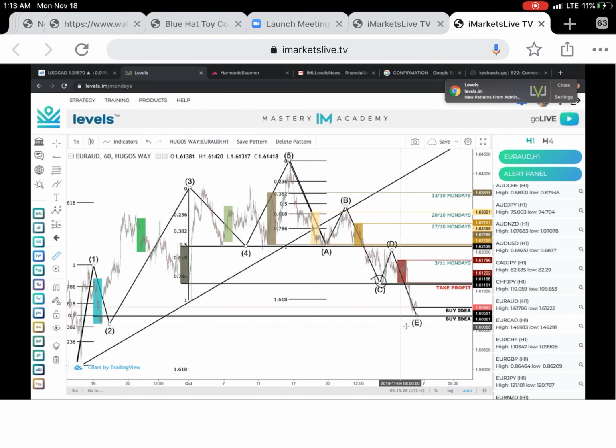Now your stop loss. Here's the low right here. That was my entry. Here's the low. Here's 50 pips. If you get in here, here's the low, 50 pips.